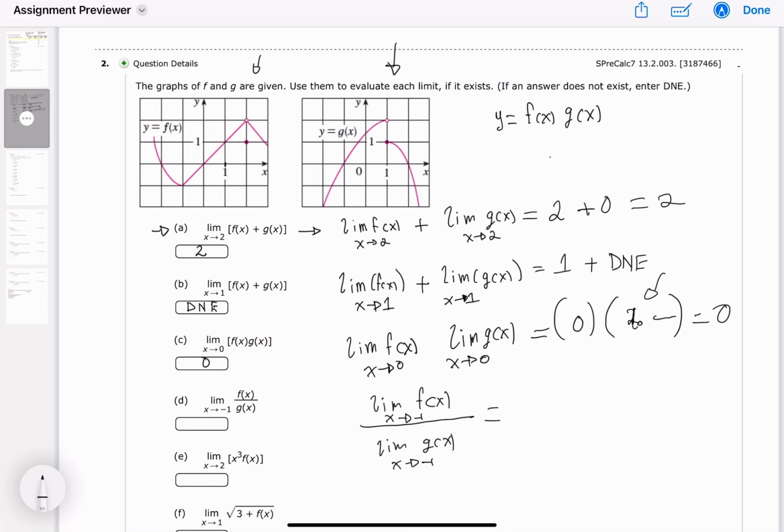In my first function, when I approach -1, here is 0, here is -1, here. From the left, I get here, from the right, I get here. It's the same point, so the limit exists. What is my y coordinate? -1. And now, for my second graph, when I approach -1 here, from the left, from the right, it does exist.